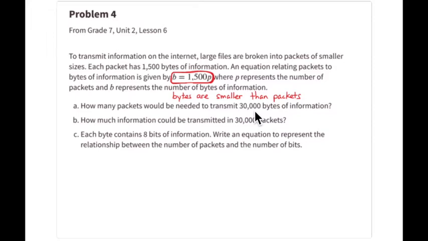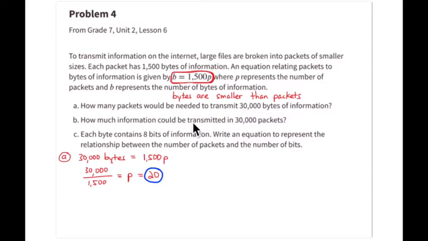So now realize that the number of packets is going to be much, much smaller than the number of bytes. So this answer, how many packets, is going to be a small number compared to the number of bytes, because every time I can take out 1,500 bytes out of this 30,000, what does that equal? That equals a single packet of information.